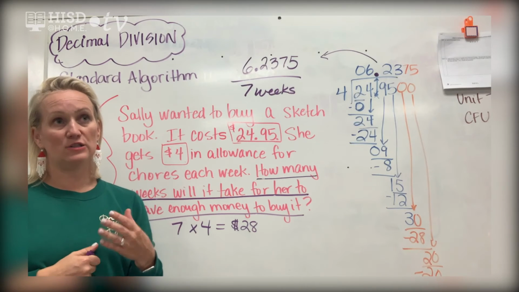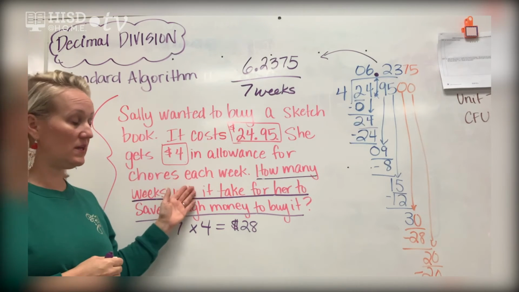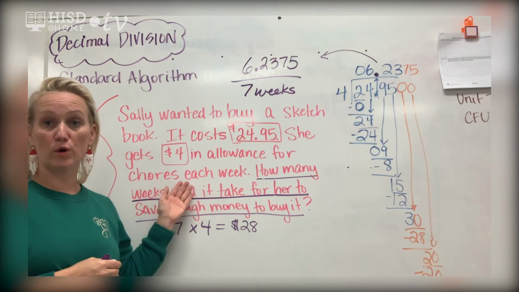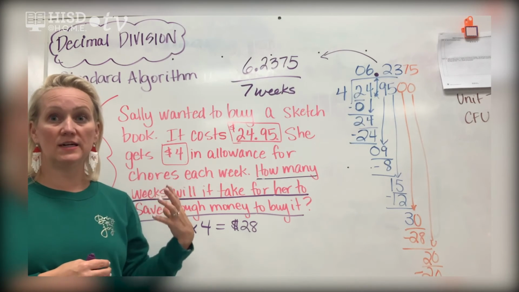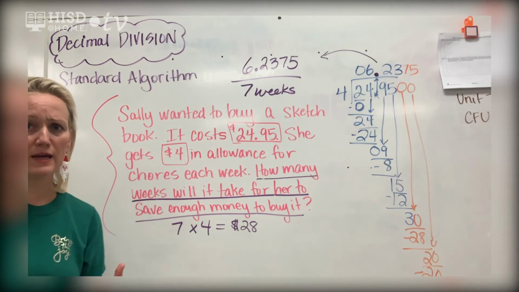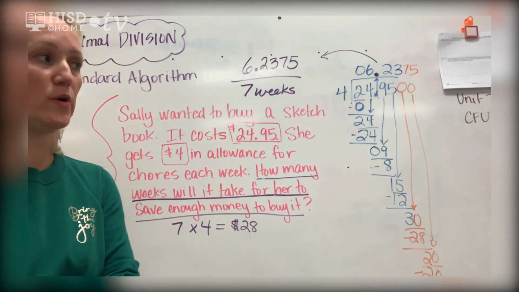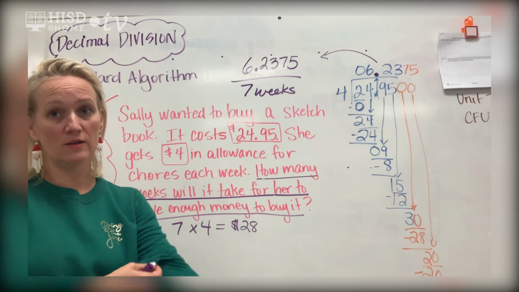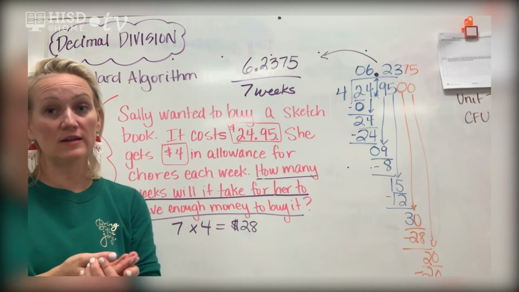So I challenge you that as you're working on dividing decimals, and particularly as you're working through word problems, be very careful about thinking, does this make sense? In real life, would it really take her 50 weeks or a year to save for a sketchbook? And the answer should be no, unless she's getting like a quarter a day or something. So really think this through.